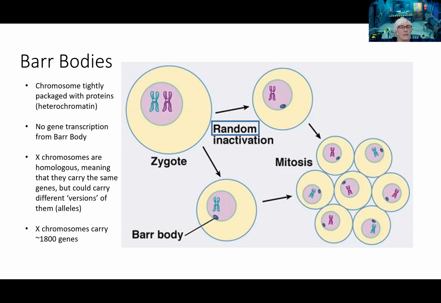And in other instances, we're going to turn off the dad X chromosome, and that's the top part of this slide. And then when those cells undergo mitosis, it produces a tissue that is a mosaic of cells, some of which are transcribing from the maternal X chromosome and others of which are transcribing from the paternal X chromosome.